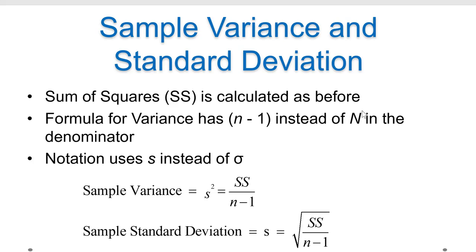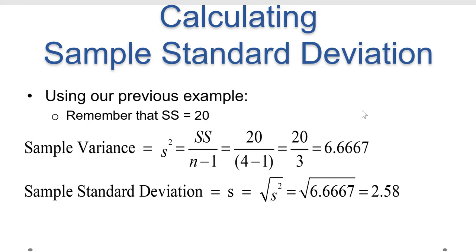So using our previous example, we're looking at the same data of 1, 3, 5, and 7. Remember that our sum of squares, SS, was equal to 20. This doesn't change because the numerator of our formulas does not change from population to sample.